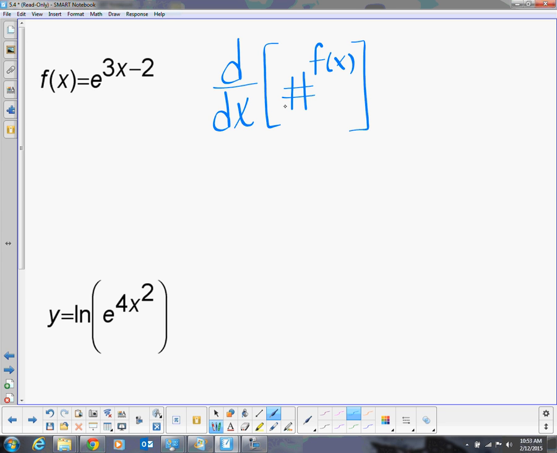No. It's going to be natural log of the base times the function as it appears times the derivative of the exponent.